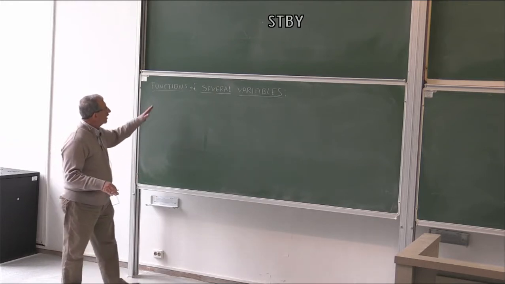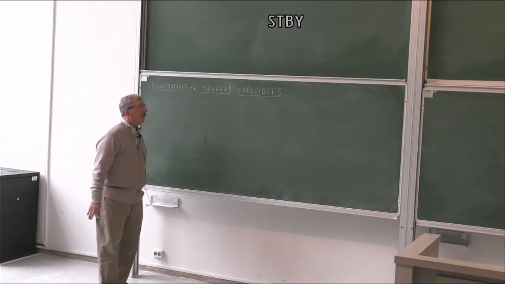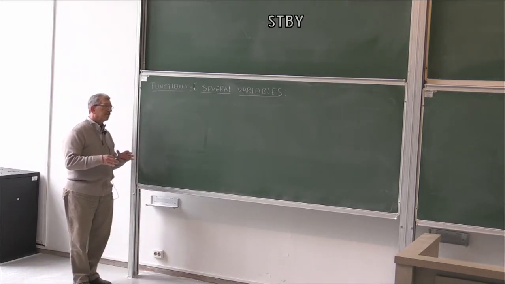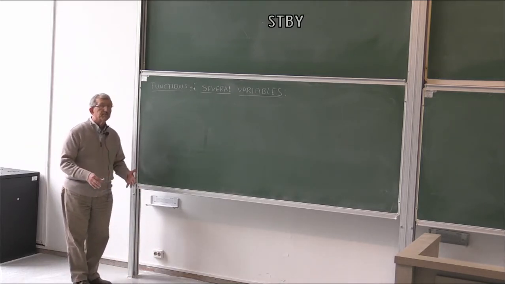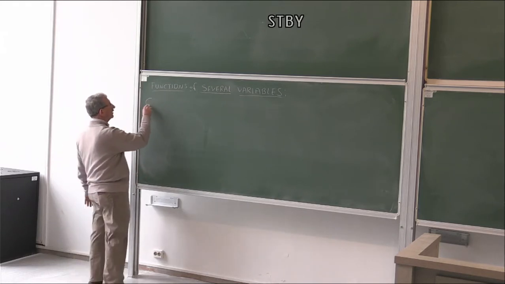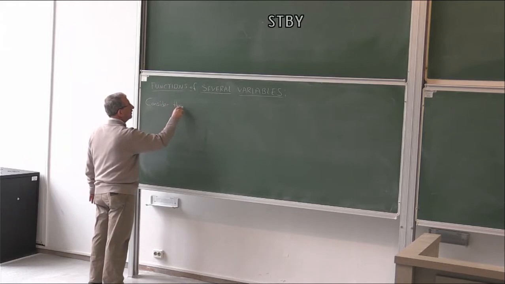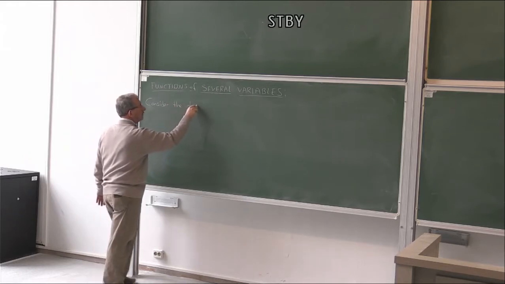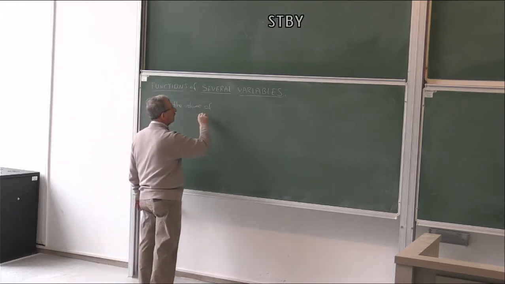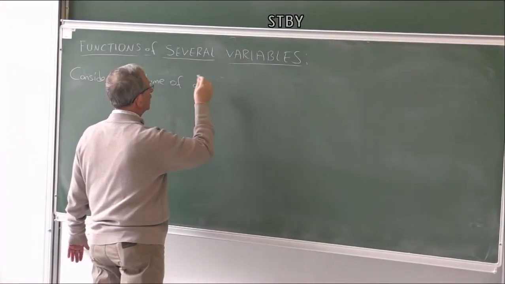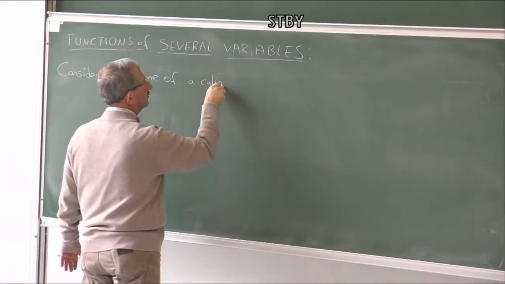Well, we already know from our elementary educations some functions of several variables. So, for example, let us consider the volume of, say, a cone, or rather a cylinder, maybe that's easier.